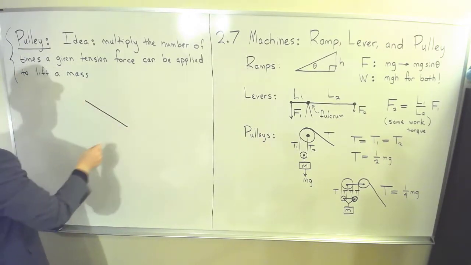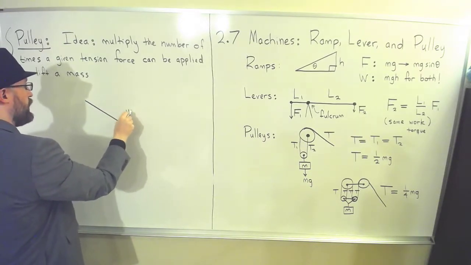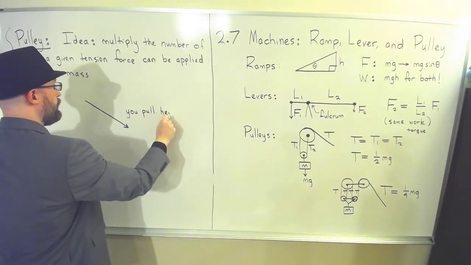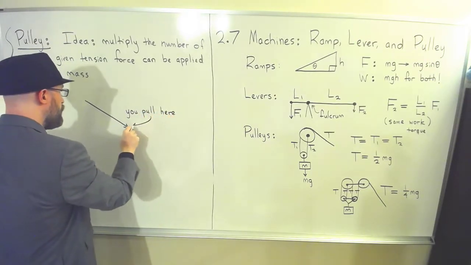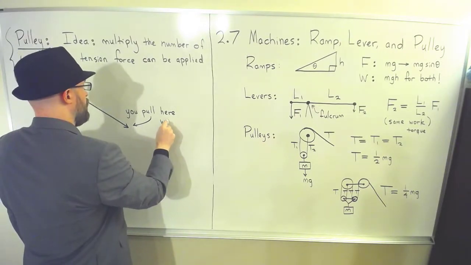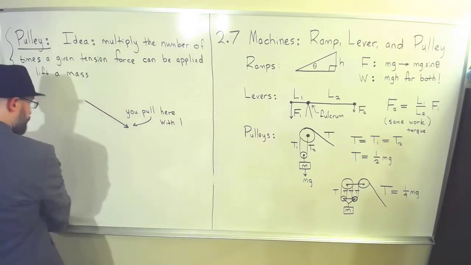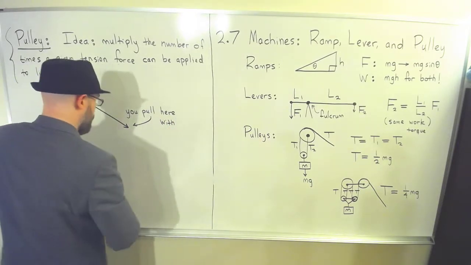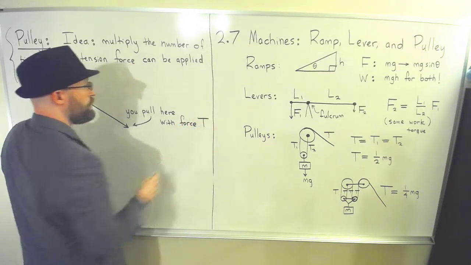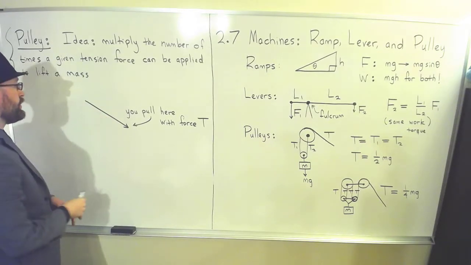Now, just to redraw this picture here, the way you think about this from your perspective is that you have this cable, and so you're pulling here. So you pull here, and this is with force T, and I'm calling it T for tension, and that's because that's going to be the tension in the cable when you're pulling on it.